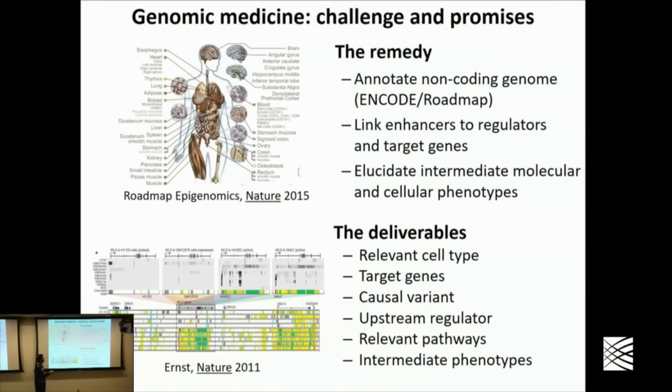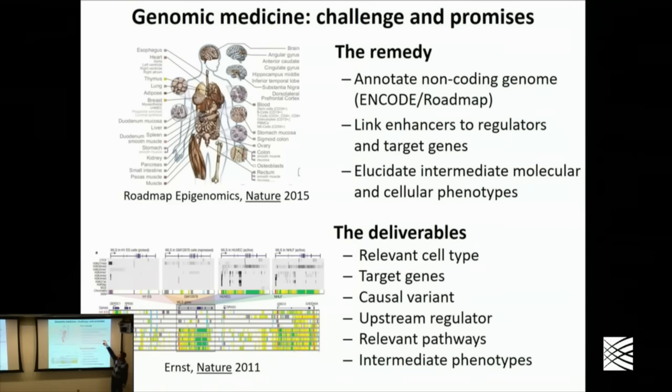Once you have this annotation of the non-coding genome, you need to actually link non-coding elements to their target genes. So if I have a mutation here, I'd like to be able to say that it affects this gene or that gene or that gene. And in the case of FTO, that it affects a gene that's more than a million nucleotides away.